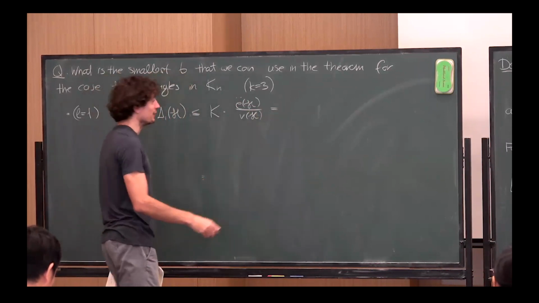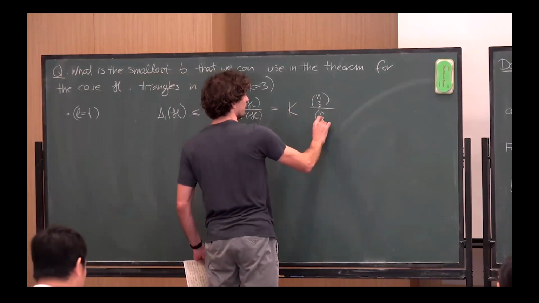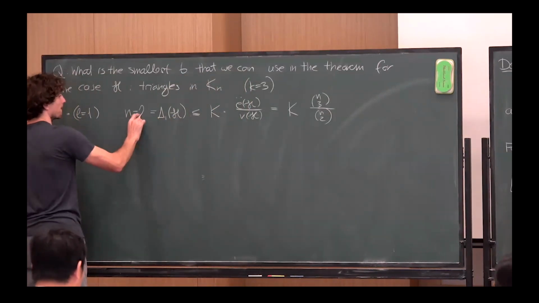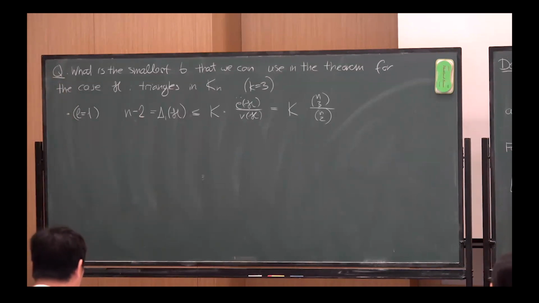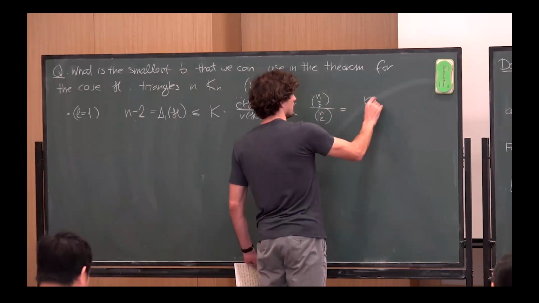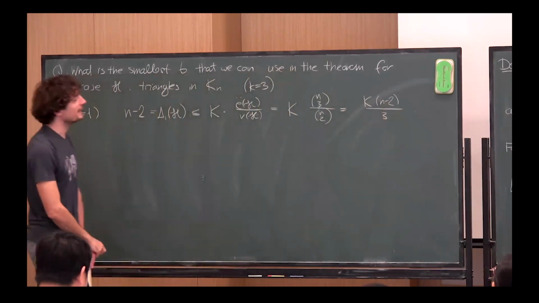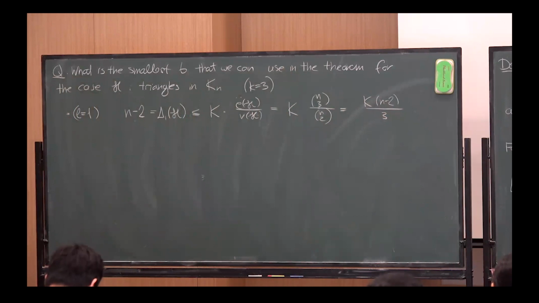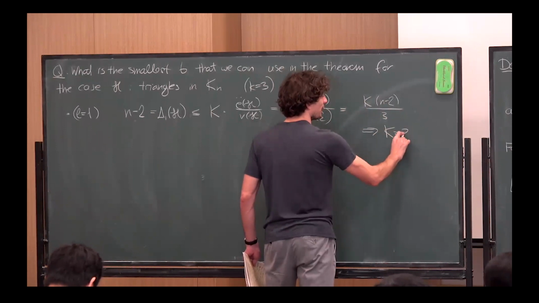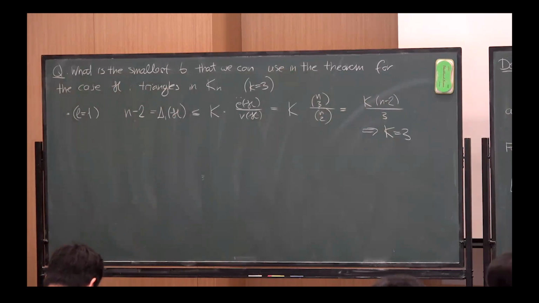However, we know that the number of edges is n choose 3, and the number of vertices is n choose 2. And we also calculated this to be exactly n minus 2. And the right-hand side is precisely k times n minus 2 over 3. So this suggests that maybe we just take k equals 3. So this inequality holds with equality.